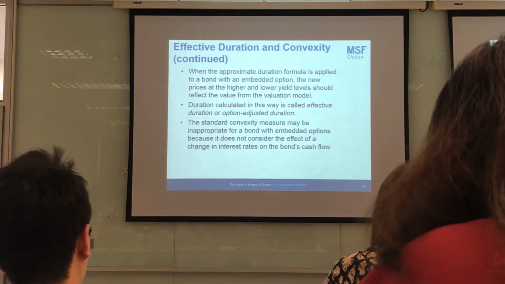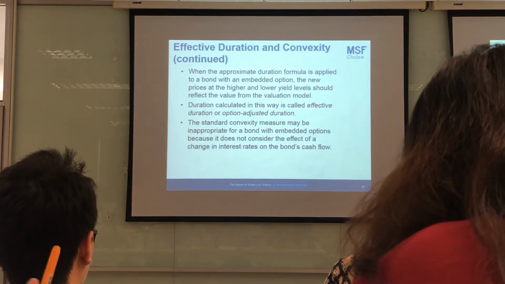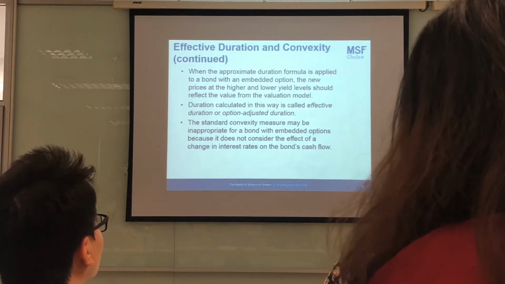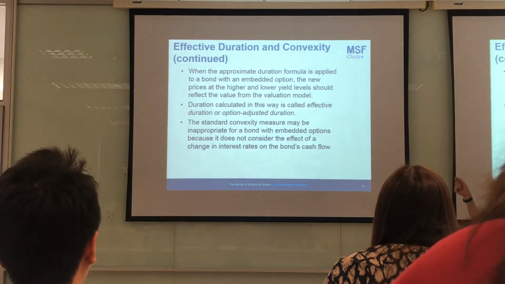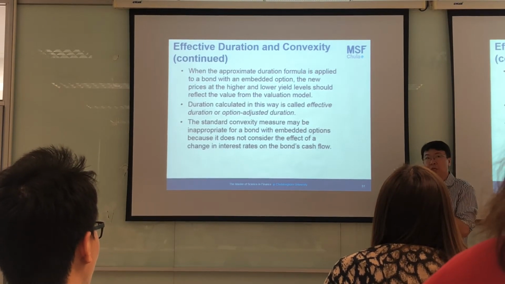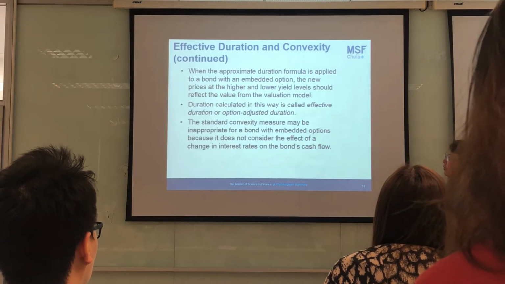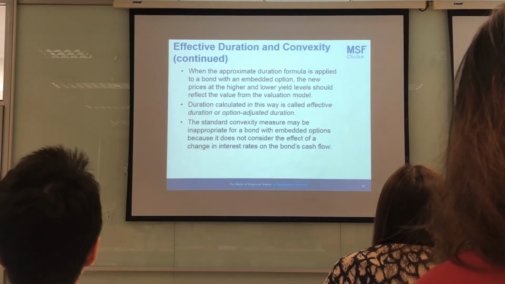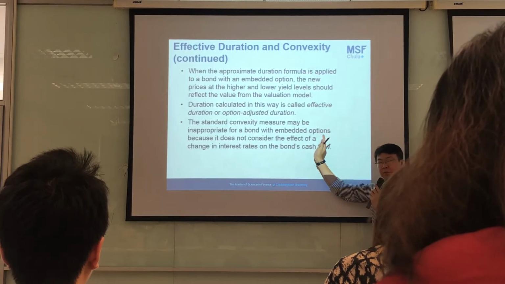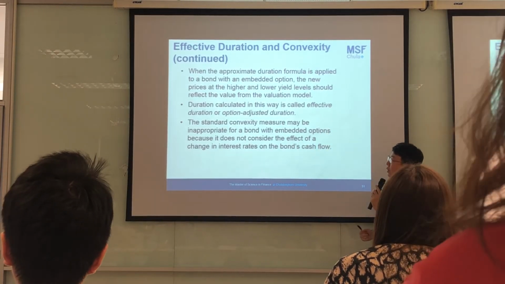The formula is not different from what we learned, but the difference is the bond that we are going to estimate duration for is the bond with the embedded option. And because of this, the standard convexity is not applicable for the callable bond or puttable bond anymore.